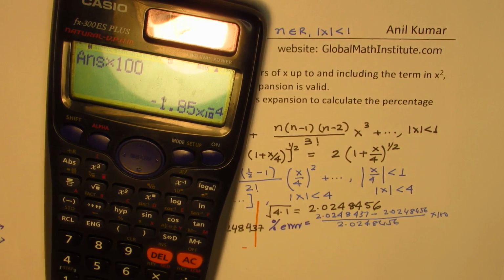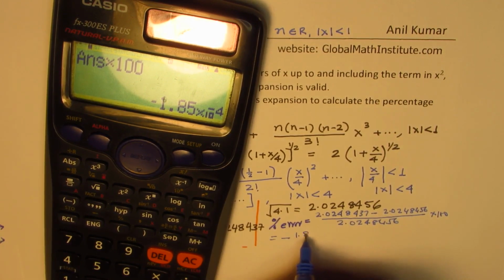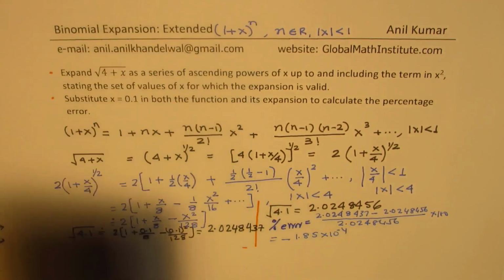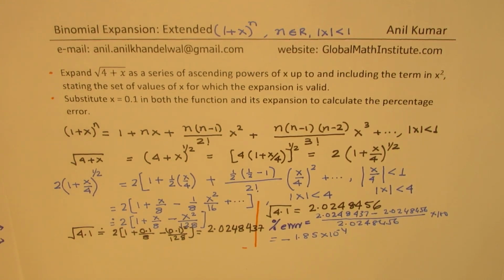In decimals, it is negative, of course, and it is 1.85 times 10 to the power of minus 4. Do you see that? So it is a very, very small error. In fact, up to 4 decimal places, the answer was perfect. Normally, we get an accurate answer to 3 decimal places by using these 3 terms, right? So that is the accuracy with which you can get results using binomial expansion, and I hope that helps.